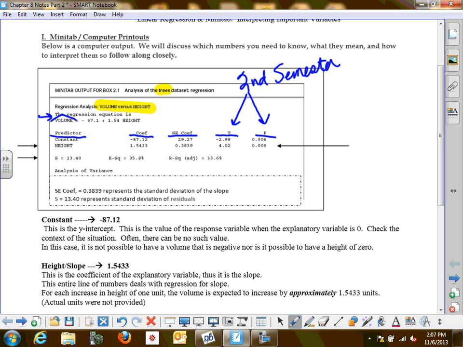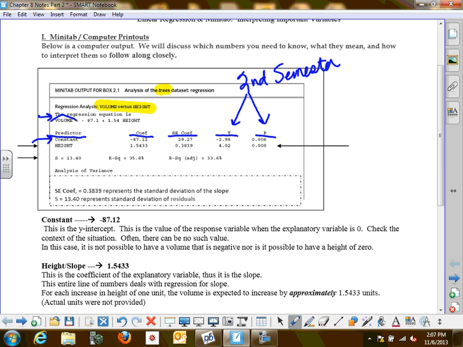Now, this first row underneath the predictor column is about the constant. A constant is what? Good. It's something that doesn't change. It's a number that does not have a variable with it. In our equations, what part of it is our number without a variable with it? The y-intercept, which may be represented by a in your calculator, however you're doing that.